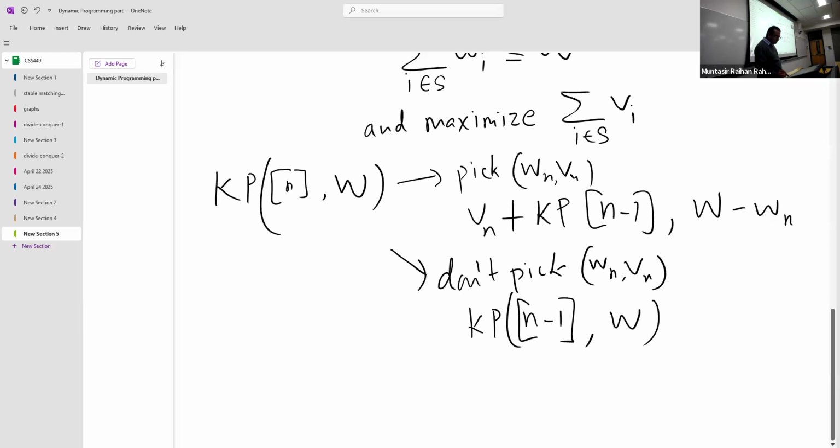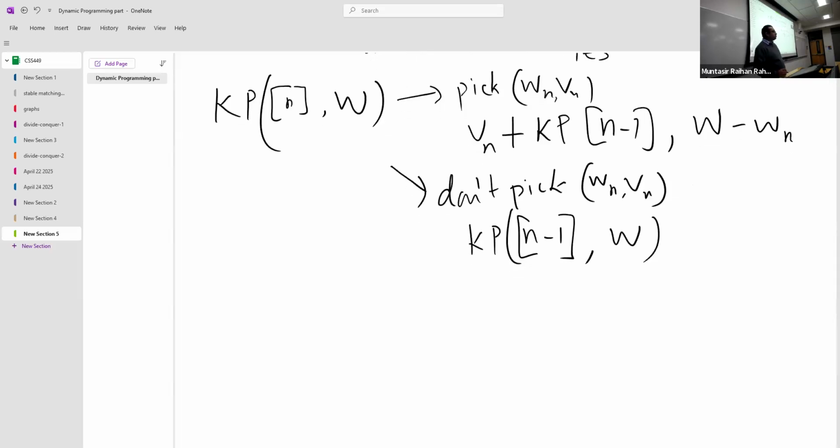You do a max comparison, but also while checking your weight, making sure that's still possible. For that you just need a base case. But whatever value you pick from here, you just take the max of it, right?